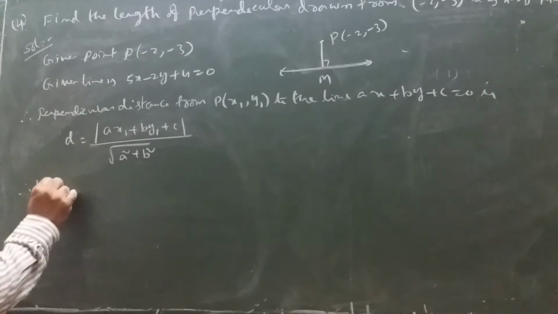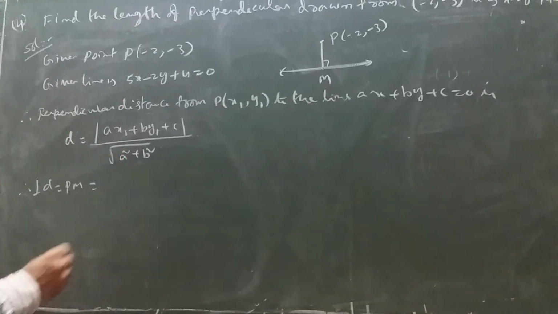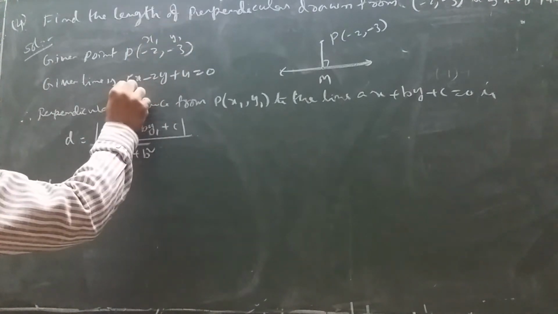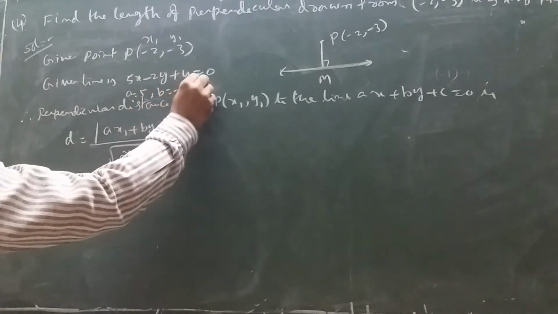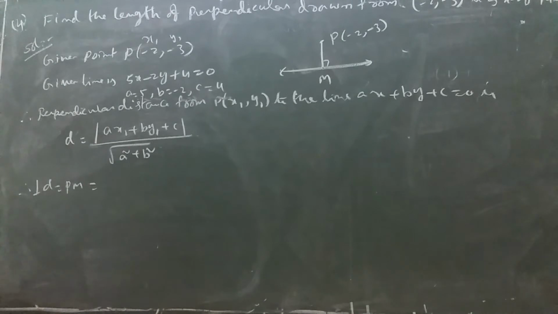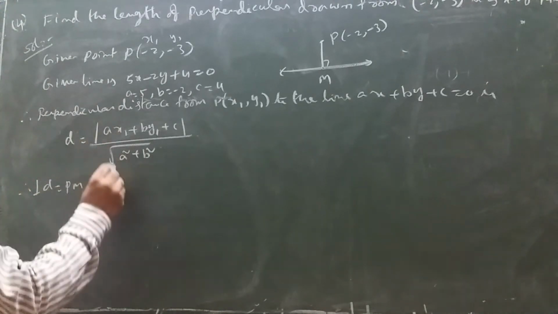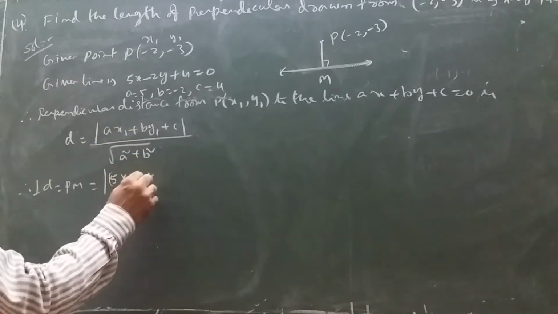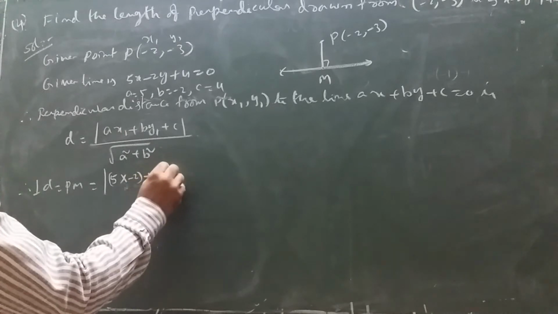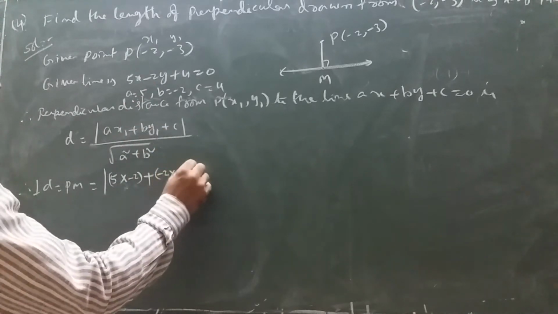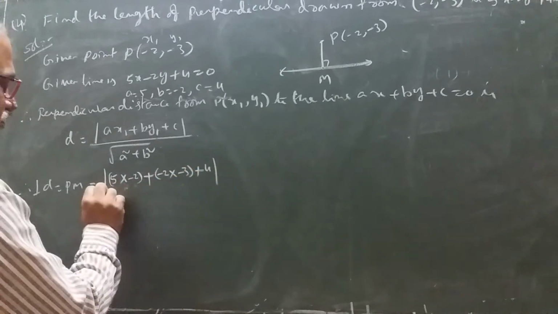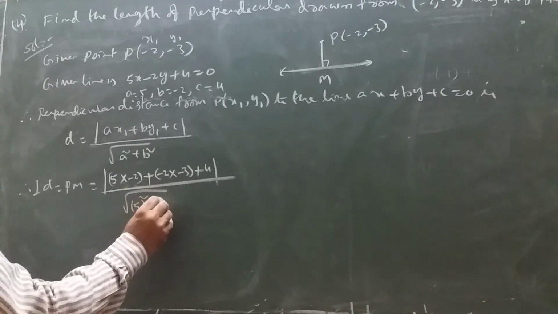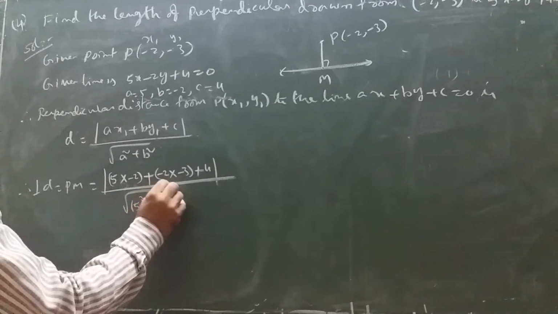Therefore, the perpendicular distance d is equal to PM in the figure. Here x1 y1 is equal to minus 2, minus 3, a is equal to 5, b is equal to minus 2, c is equal to 4. By substituting the values in this relation: a means 5 into x1 minus 2, plus b, minus 2, into y1 minus 3, plus c means 4, mod, by root of a square, that means 5 whole square, plus b square, minus 2 whole square.